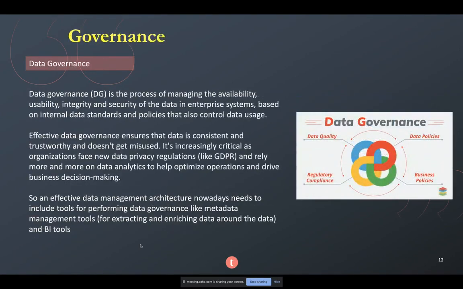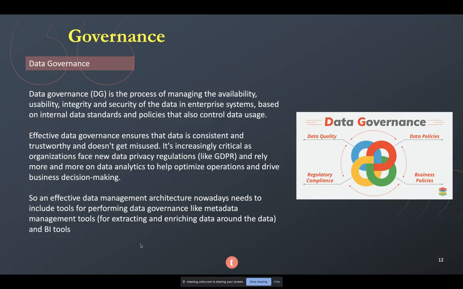Then at the end, we have the governance. Governance nowadays is more and more important, especially now that we have all these different compliance regulations like GDPR in Europe, POPIA in South Africa, and more.